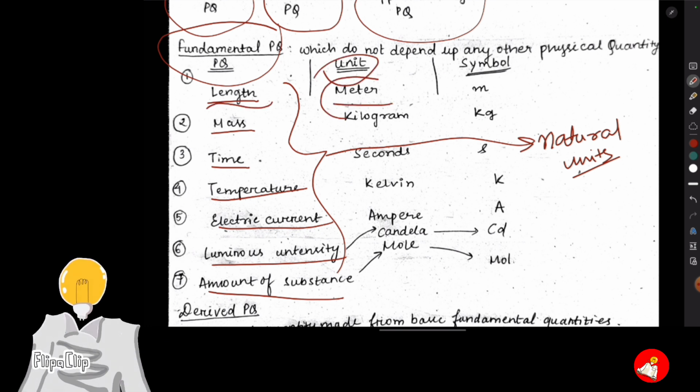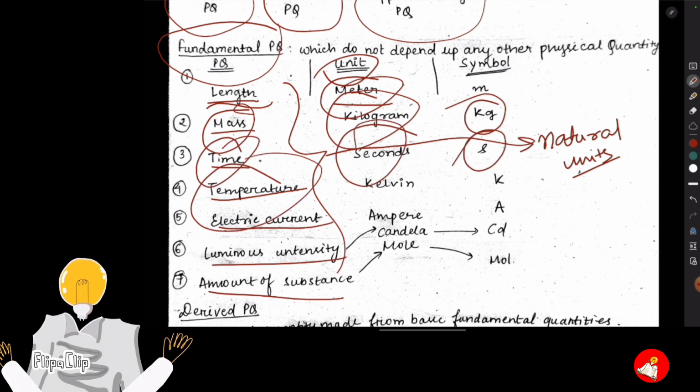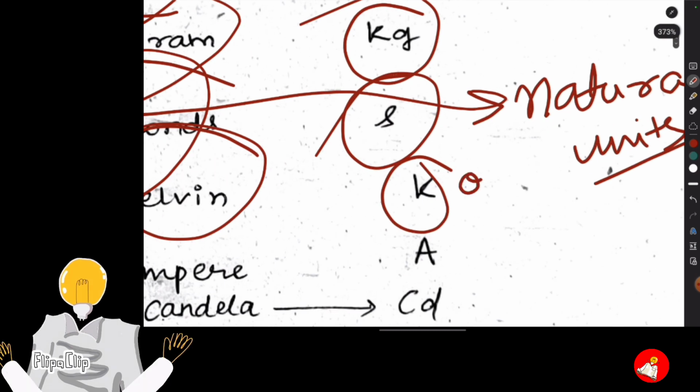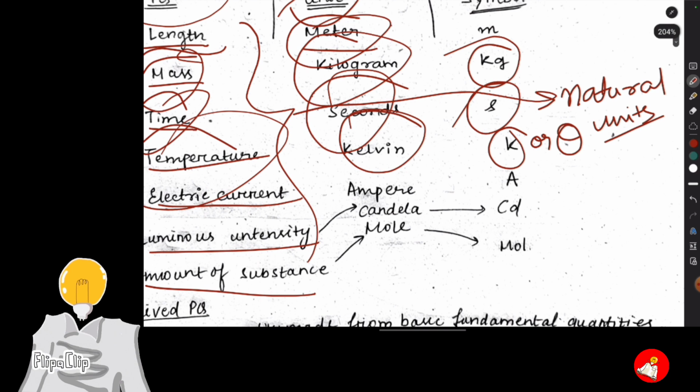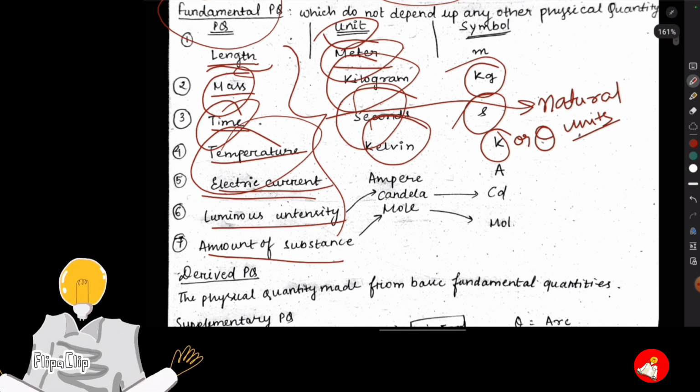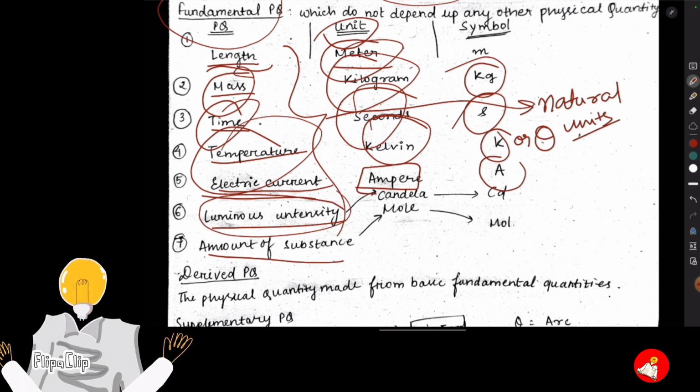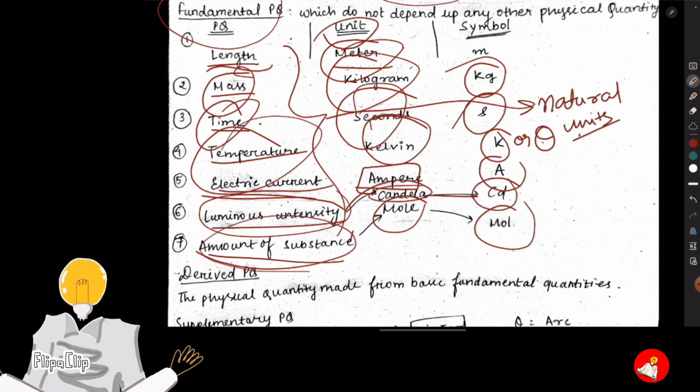Length has a unit which is meter, mass is kilogram which is kg, time is second which is s, temperature is Kelvin which can be represented by K or a theta sign. Electric current is ampere which is represented by A, luminous intensity is candela which is represented by CD, and amount of substance is mole represented by MOL.